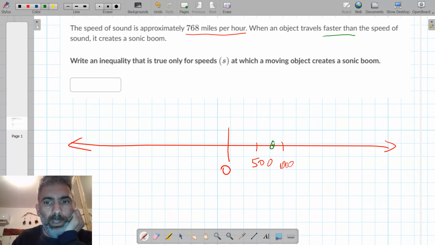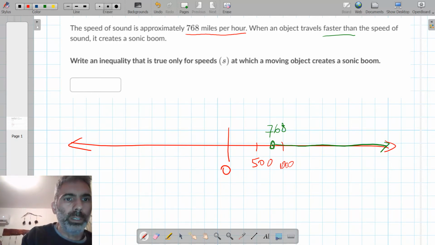So if this is 768, each value of x needs to be greater than 768, which means it needs to be to the right of this, not including 768 itself.